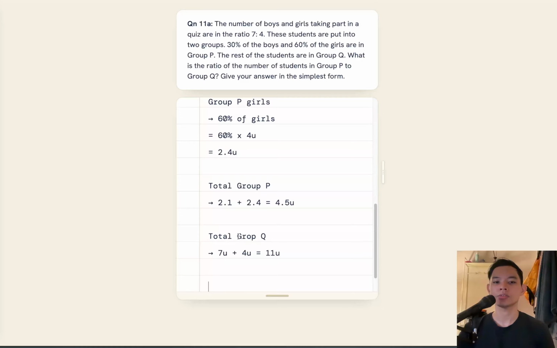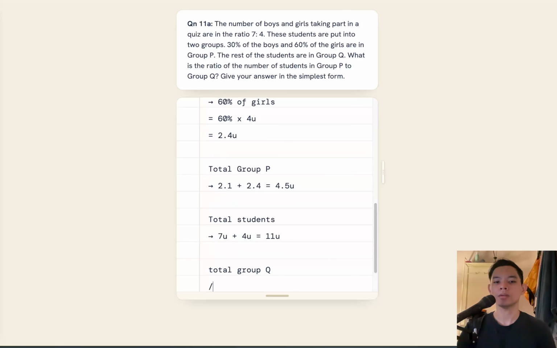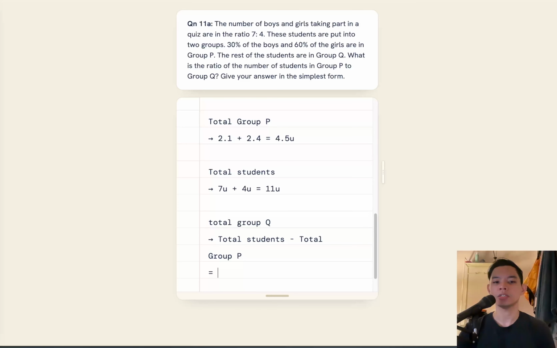So total group Q would be total students minus total group P, which is 11 minus 4.5, equal to 6.5 units.